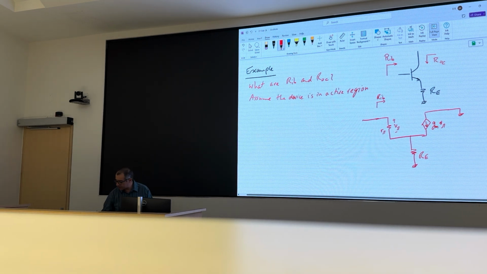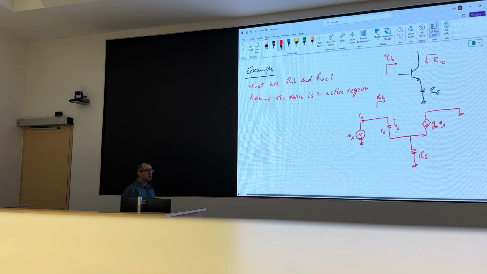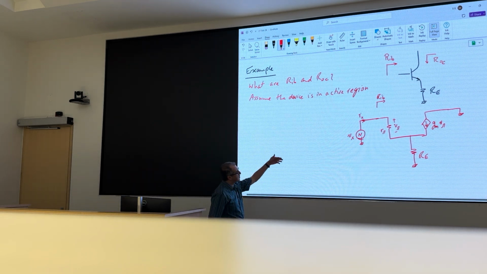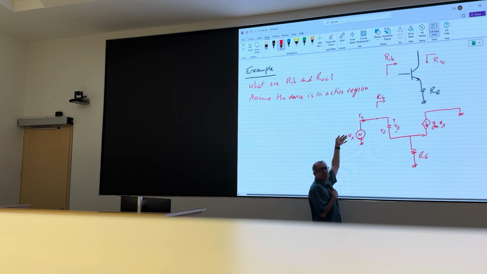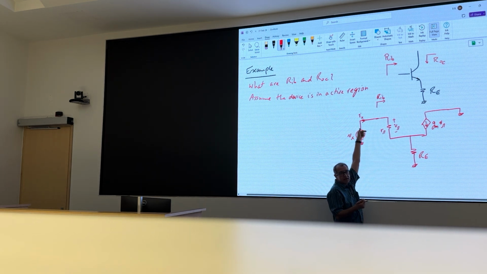So I attach my test source to the input of this circuit. You can use a current source or a voltage source. This is my source, 1 volt, or I just call it Vx, and I measure Ix.